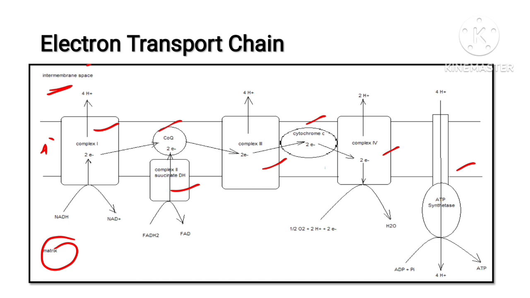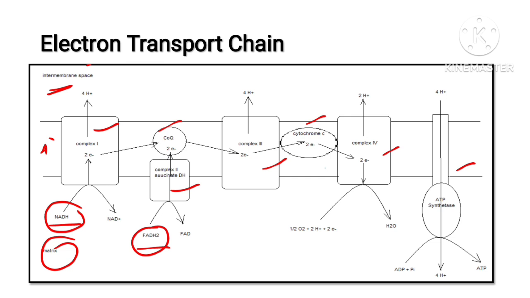As the name suggests, what is the function of the electron transport chain? It transports electrons. Electrons are donated by NADH and FADH2. These two are called reducing equivalents. The oxidation of different food molecules like carbohydrates, proteins and lipids produces NADH and FADH2, which are the reducing agents.